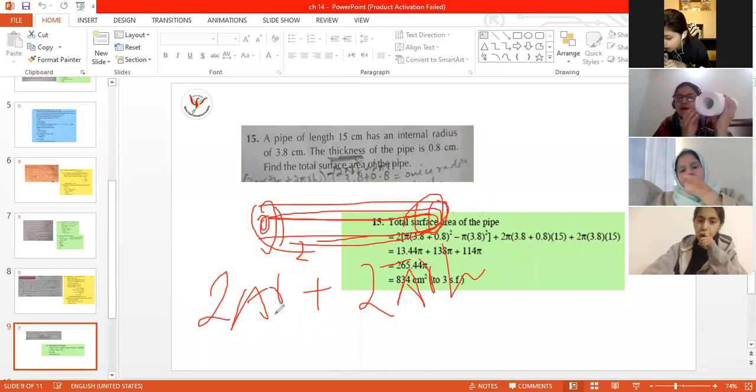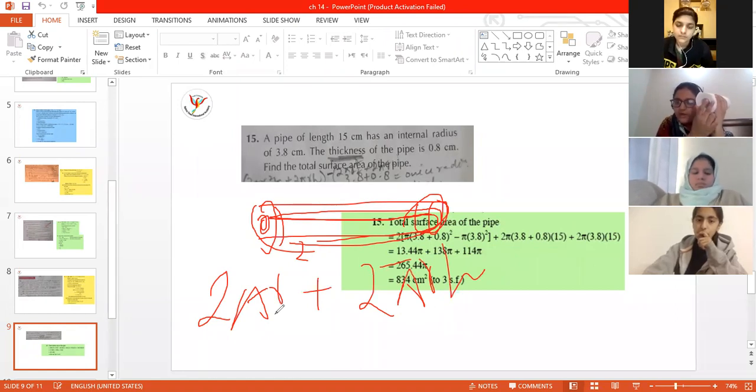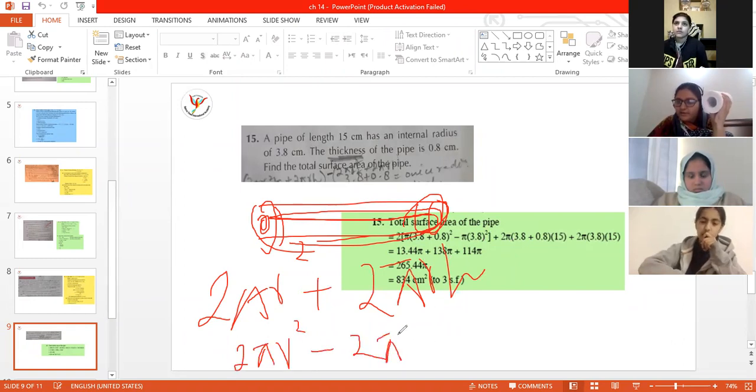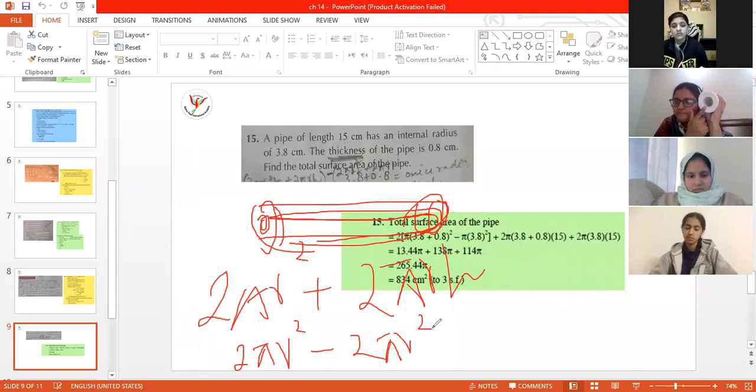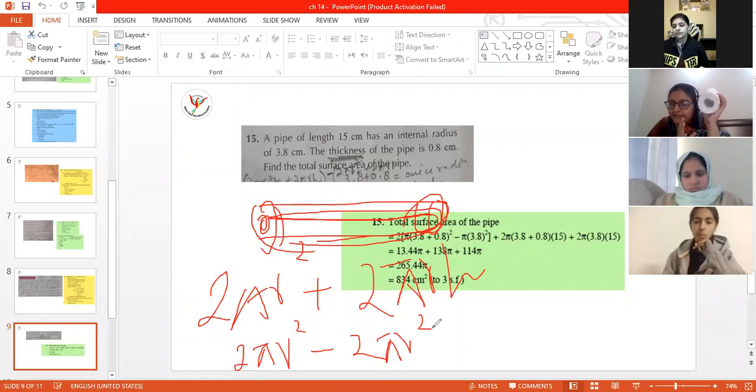We are taking r as the total radius of 4.6. But this 3.8 is already calculated in the outer face. So we have to subtract 2 pi r square from it, because 3.8 is already calculated in the outer one. That's why we have subtracted from the inner one. Is this clear?